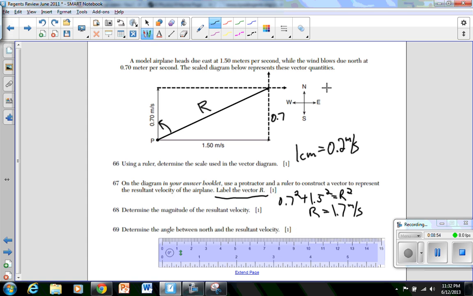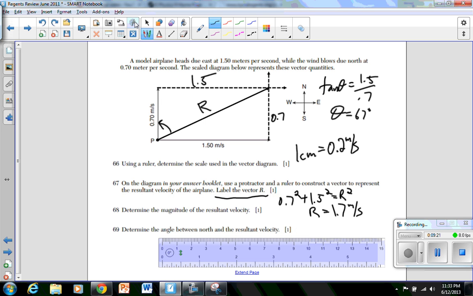You could use tangent theta is equal to the opposite over the adjacent. We got 1.5 over 0.7, and you could solve it. Theta is about 67 degrees. That would work.